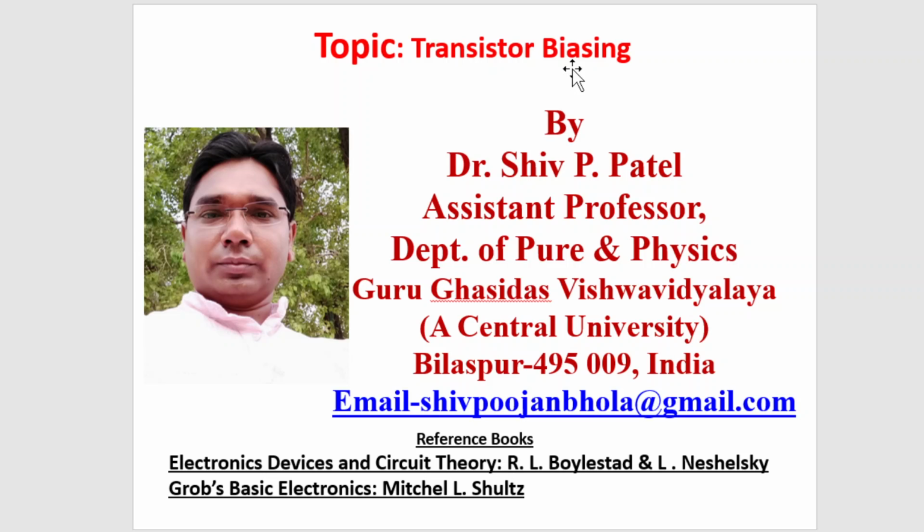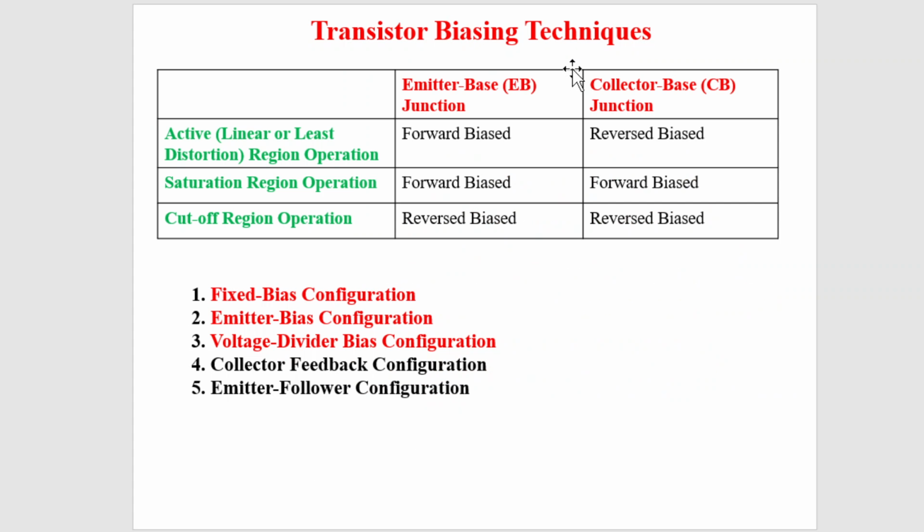If you recall my previous lecture, I explained different configurations of transistor, and in those configurations, we came to understand that the base emitter junction of your transistor should be forward biased and the base collector junction should be reverse biased for active region operation of your transistor, as we understand from the DC load line.